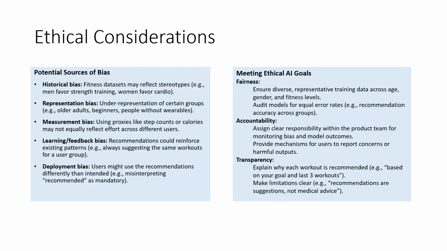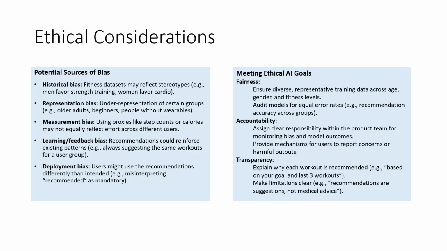Representation bias, representation of certain groups, like different age groups. Measurement bias, using proxies like step counts or calories, may not equally reflect. Learning or feedback bias, recommendation could reinforce existing patterns, always suggesting same workouts for a user group. Deployment bias, users might use the recommendation differently than intended.